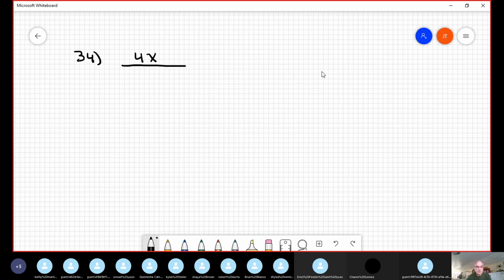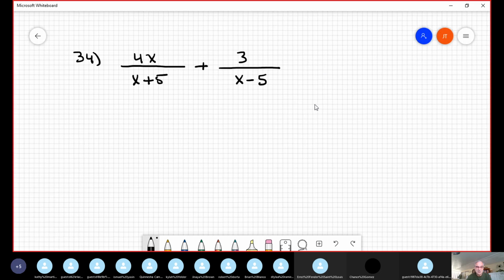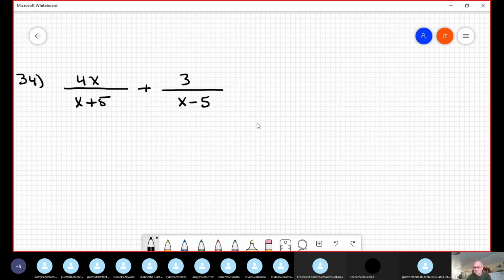34 is 4x divided by x plus 5, plus 3x over x minus 5. This is similar to the previous. The least common denominator is both, x plus 5 and x minus 5. Super, thank you.